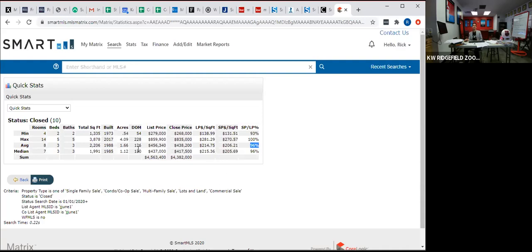What else does this tell you? It tells you your highest sale, it tells you your lowest sale, right? It tells you averages, it tells you median. What's the difference between median and average? Okay, so the difference between median and average, the way I look at it, median is a units count, which means median says if the median closed sale price was 417.5, that's actually one of the sale prices.